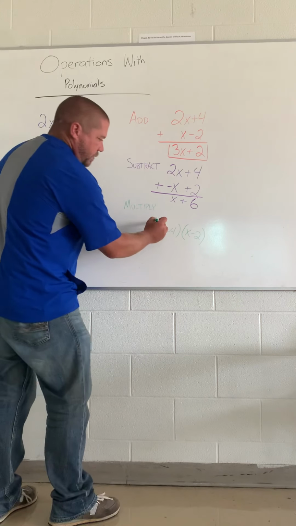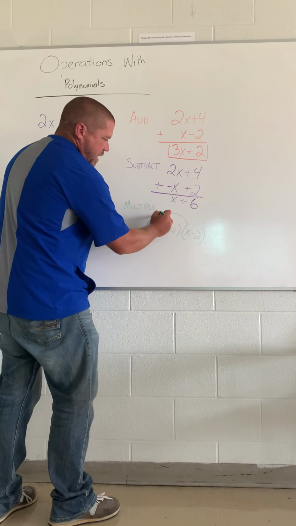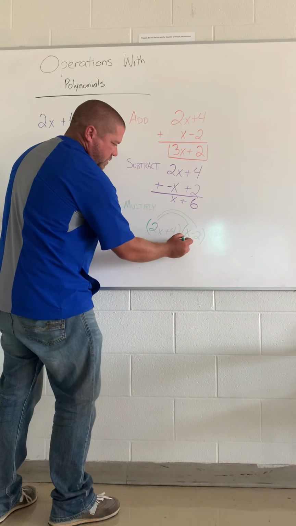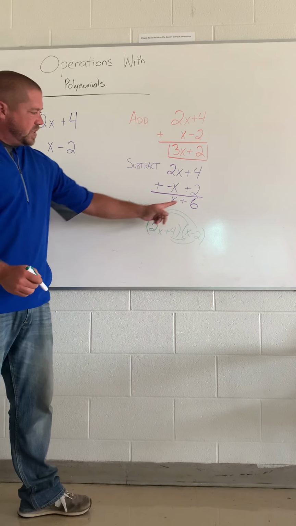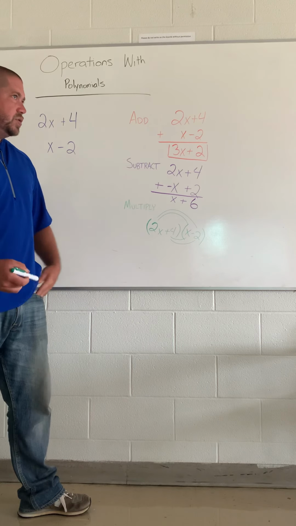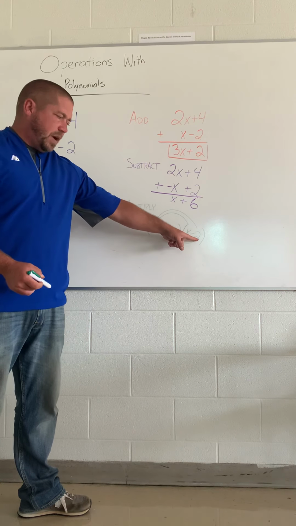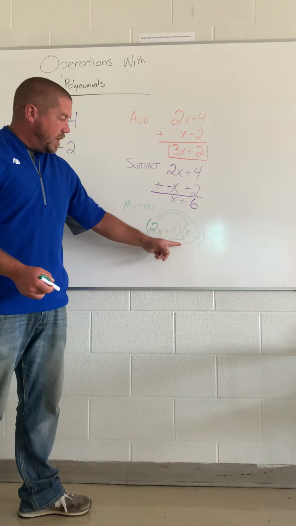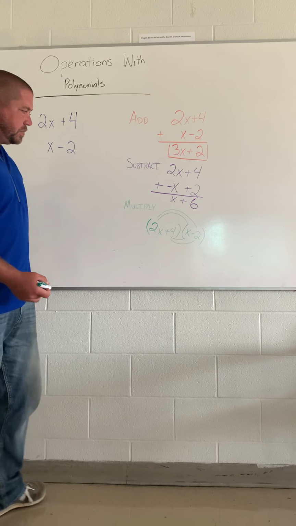We're going to multiply our first terms, our outside terms, our inside terms, and our last terms. Some people like to think of this as kind of like rainbows. You can think of it as FOIL method. But as long as you multiply the 2 by the x and by the negative 2, and you multiply the 4 by the x and by the negative 2, we've multiplied everything by everything.